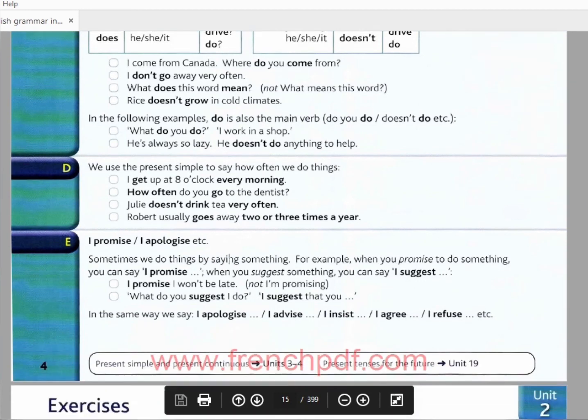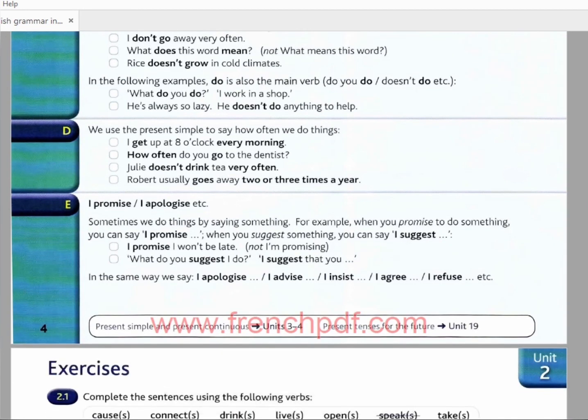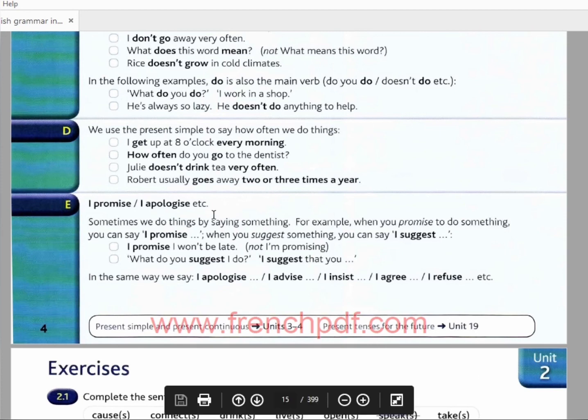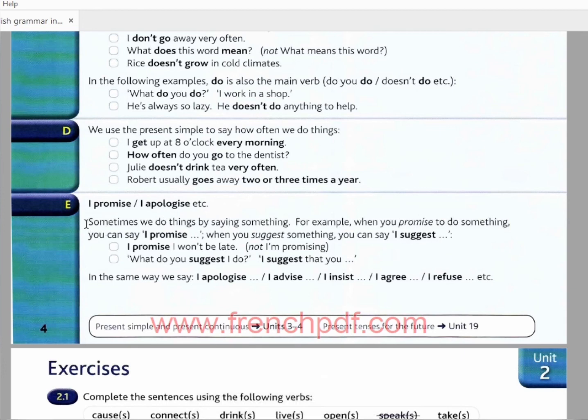And we have some verbs that we always say in the present simple form. Sometimes we do things by saying something. For example, when you promise to do something, you can say, I promise. When you want to suggest something to someone, you can say, I suggest.